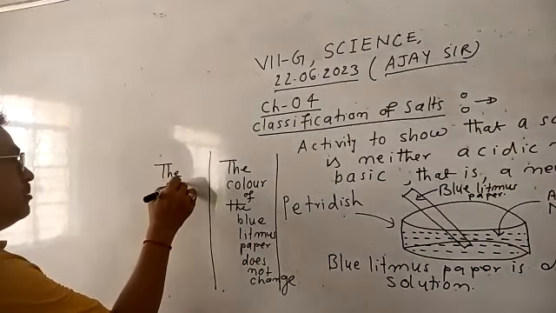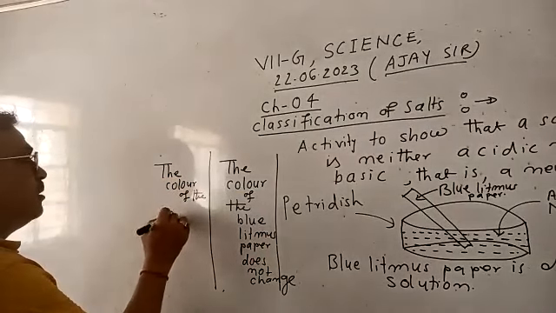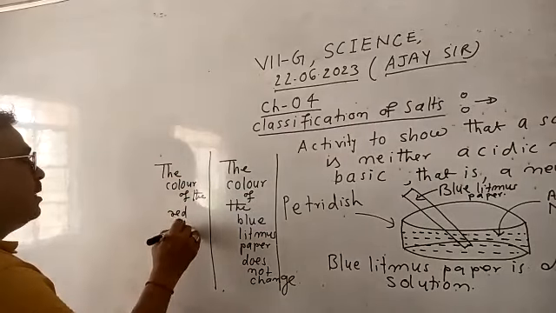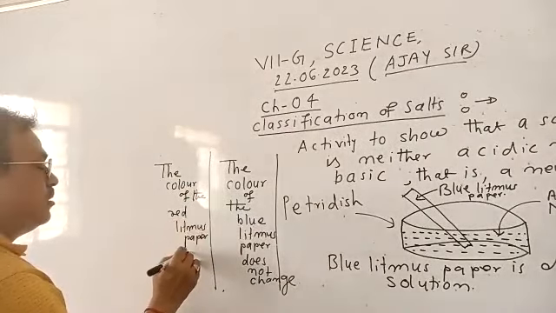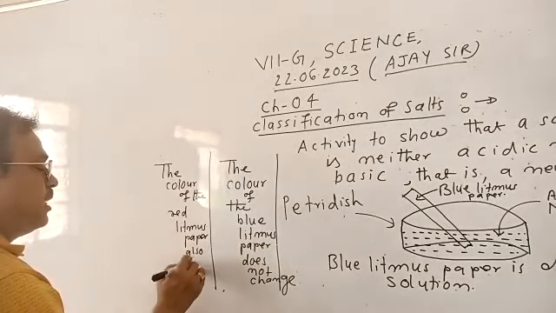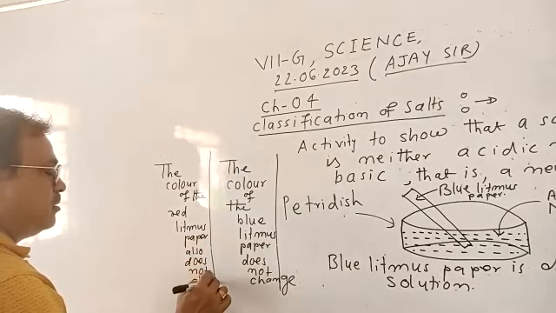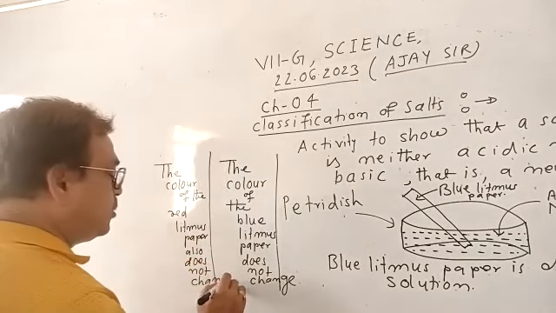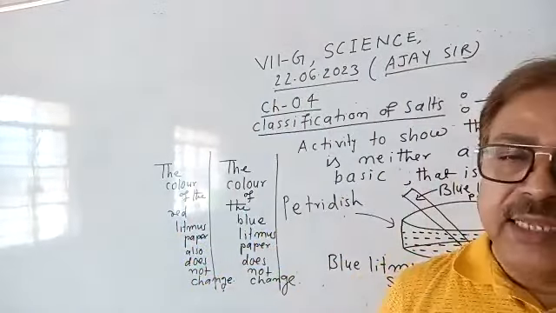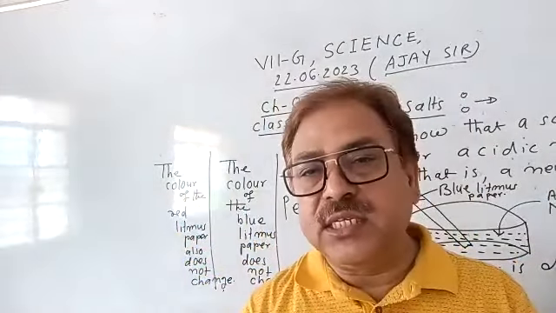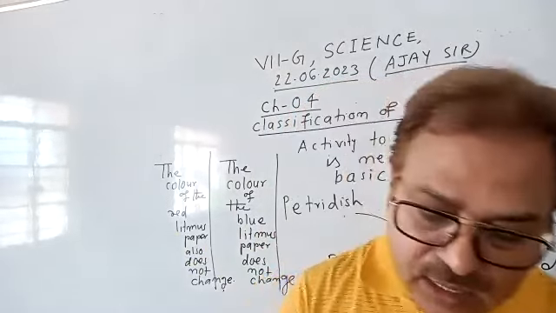The color of the red litmus paper also does not change. So, in both observations, neither the blue litmus paper nor the red litmus paper changes its color.